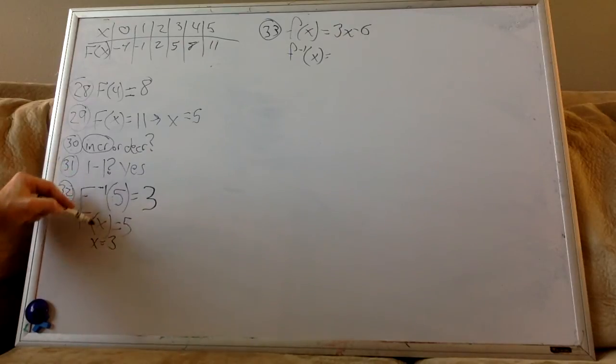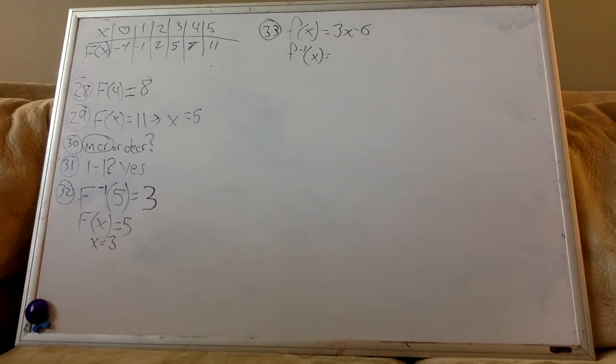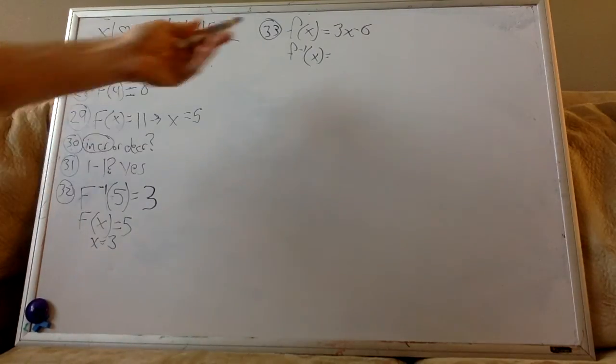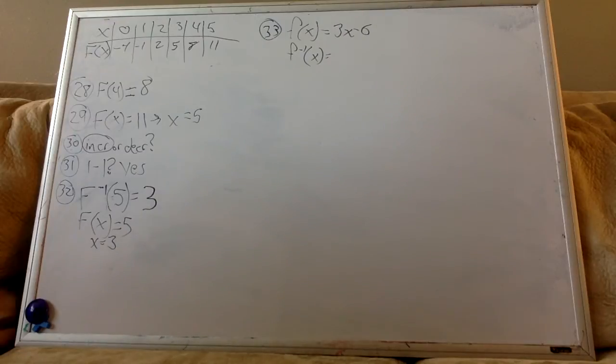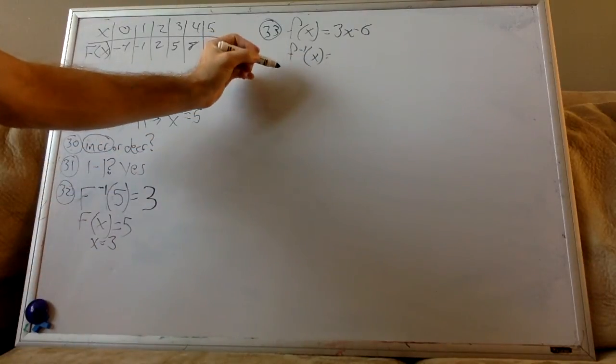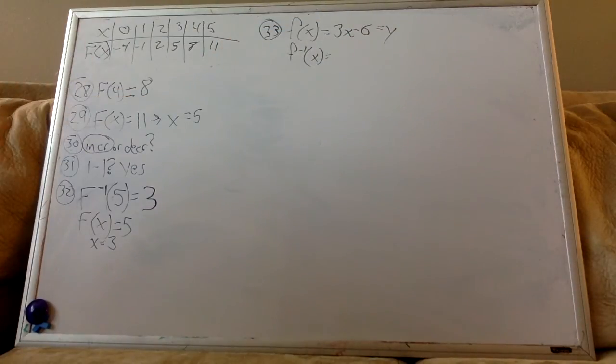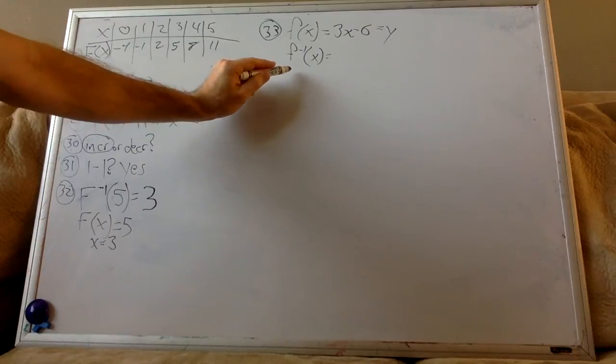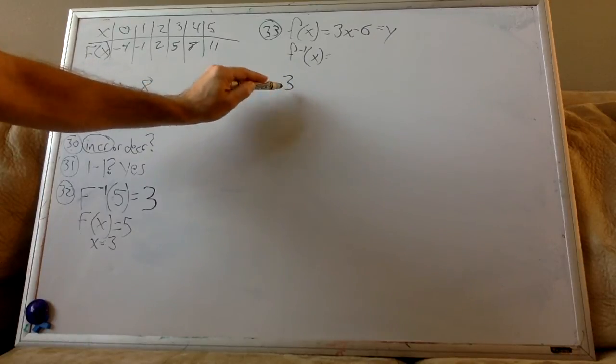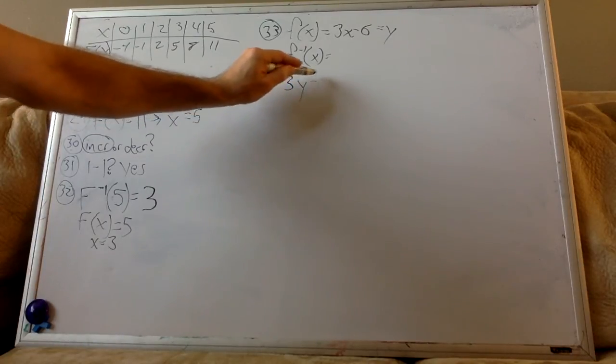So notice that the inverse switches the inputs and outputs. Okay, so that being said, when we look at an inverse, we're switching the inputs and outputs. Now if I say that I'm going to call f of x y just to make my notation more simple, I'm going to change my inputs and outputs.